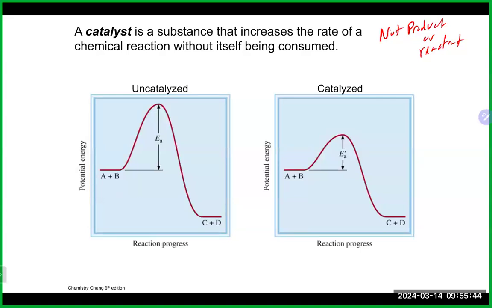And the result of that is because in the uncatalyzed reaction here, this is our activation energy, this big hill. By finding that better pathway for the reaction to take place, we've dramatically lowered this energy barrier to get to the other side. And again, what that means is you're going to have more molecules that can get to the other side, and that usually will result in a faster reaction occurring because we lower the activation energy.